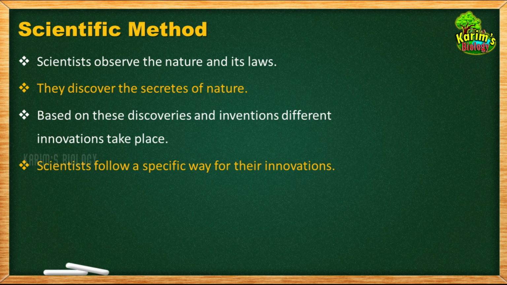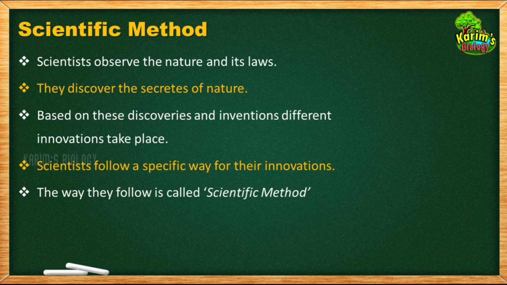Every scientist, when he observes and discovers something, follows a specific way of study. There is a specific way of study in science. Every scientist follows it for their discoveries and innovations, and the way they follow is called scientific method.